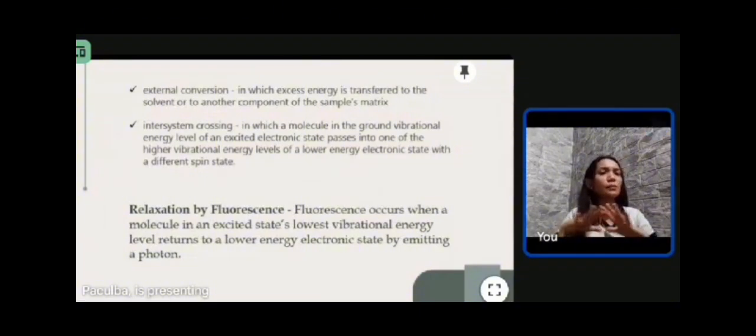Now, think of a playground with swings. The ones sitting on the swings are considered as molecules. If one molecule swings higher, and the other has a different spin state, okay, by the way, the spin state is actually two possible orientations, the spin up and the spin down. So if the two swings have different spin states, it's like intersystem crossing. That is what we call intersystem crossing.